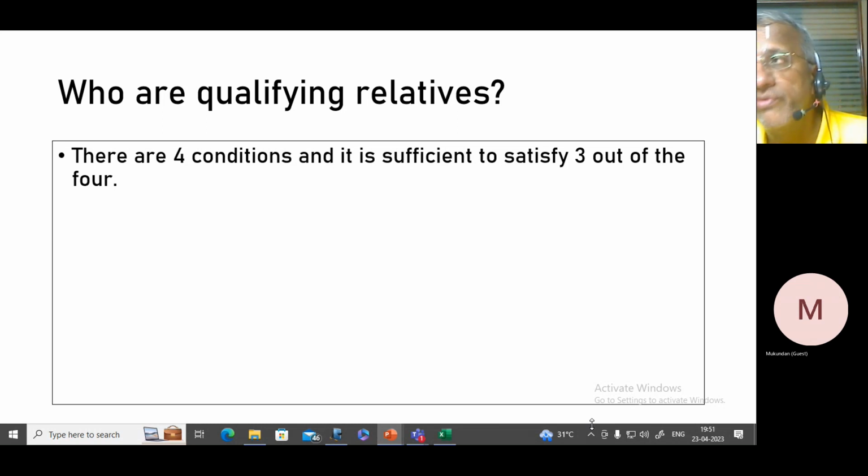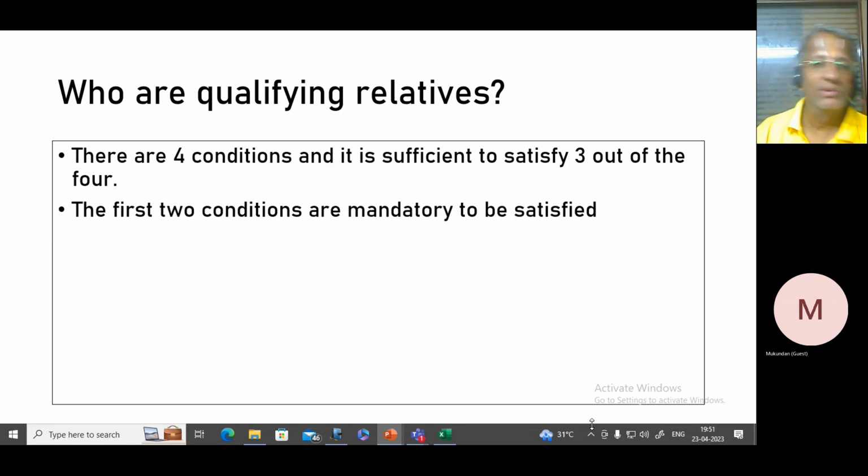What are those four conditions? They are I, Y, R, and H. I is for income, Y is for support, R is for relative, in fact, and H is for household stay. We will take them up one by one. The first two conditions are mandatory to be satisfied.